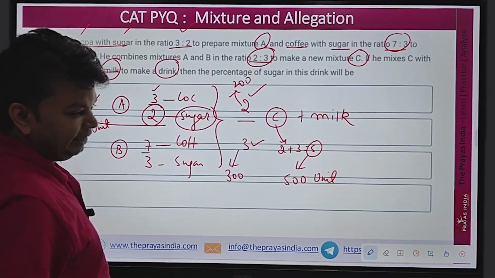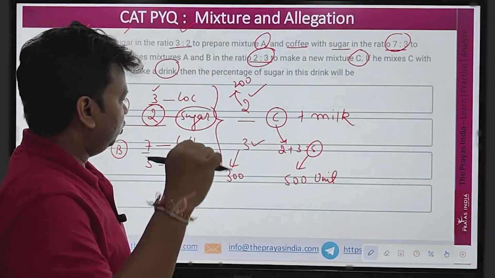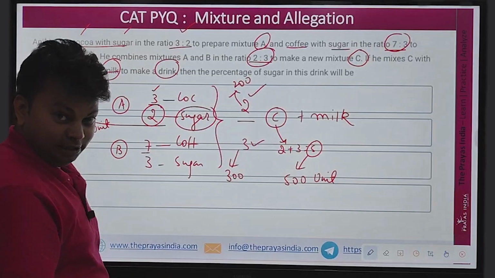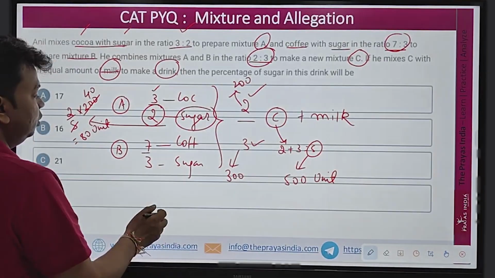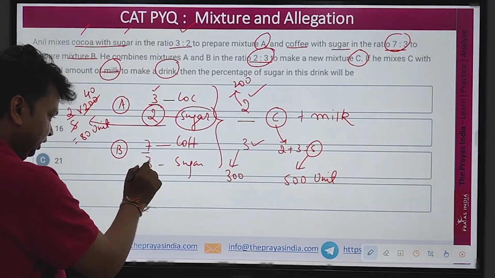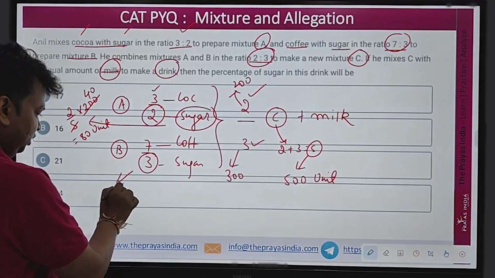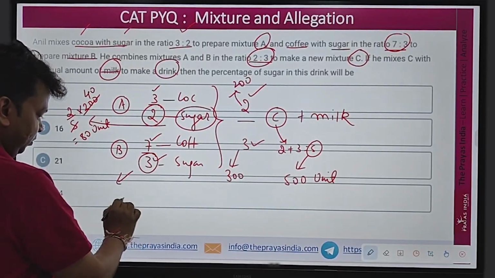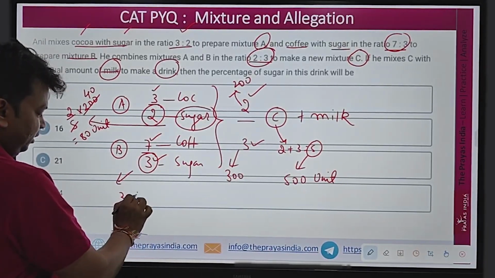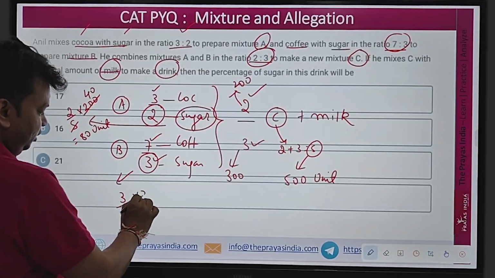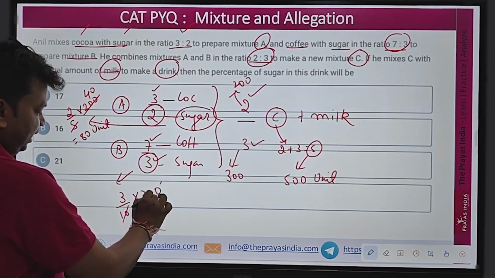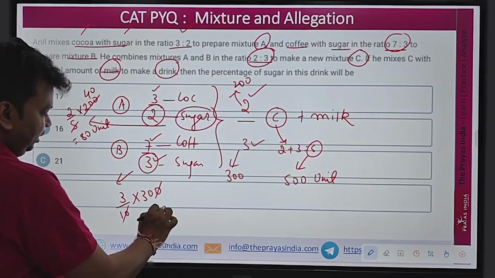So sugar is 80 units out of 200 units in A, right? Now what is sugar in B? This is 3 parts out of 7 plus 3, 10 parts. So 3 out of 10, and the total B is 300. So the zeros cancel out, and this is 90 units.